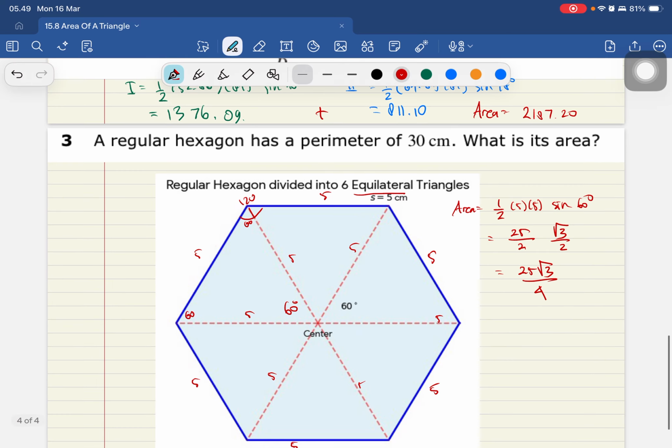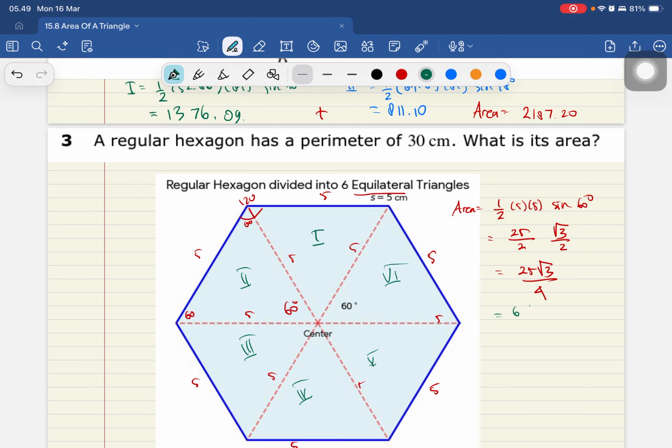And we have to multiply it, as this is only one triangle, and we got 1, 2, 3, 4, 5, and 6.